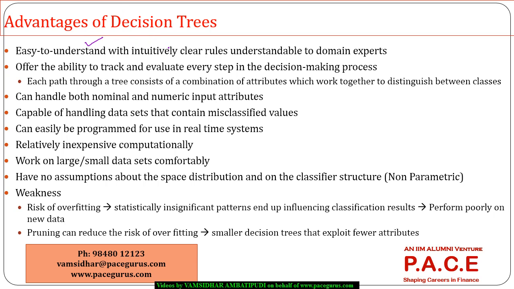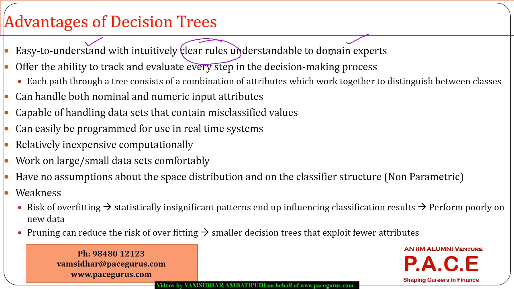They are very easy to understand. The rules are very, very clear. So I don't need to be a statistician to understand the rules. My domain knowledge is sufficient to understand the different rules that are used for the selection of a particular class or for doing some kind of prediction of a numerical value.